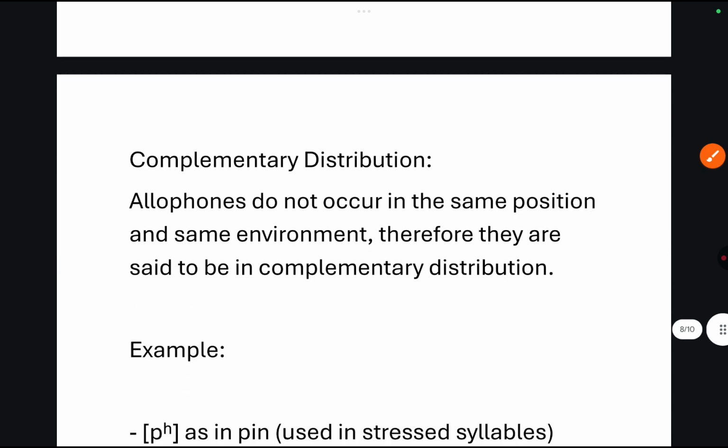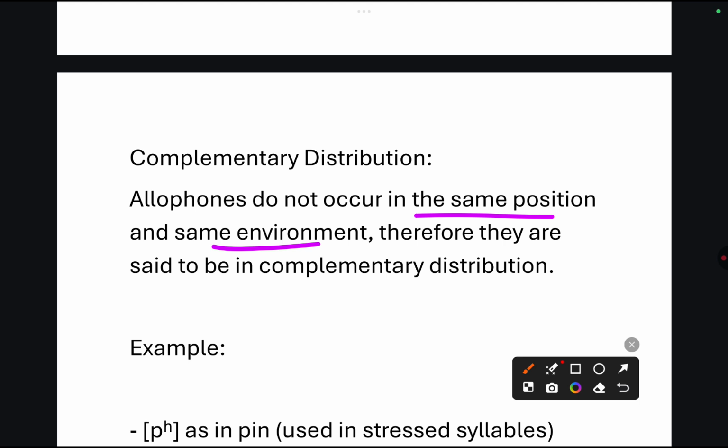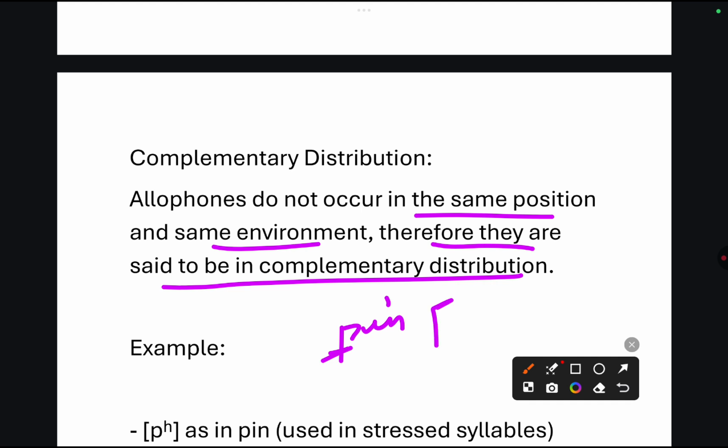Now they are in complementary distribution. What does it mean? It means they do not occur in the same position or in the same environment, therefore they are said to be in complementary distribution. I am giving the example of "pin" and "spin". In "pin", the "p" sound is more stressed; this is the aspirated one.